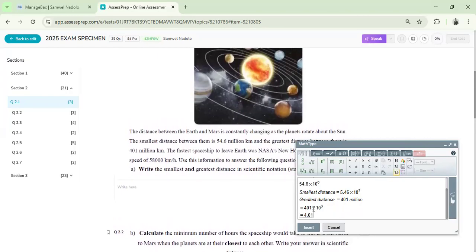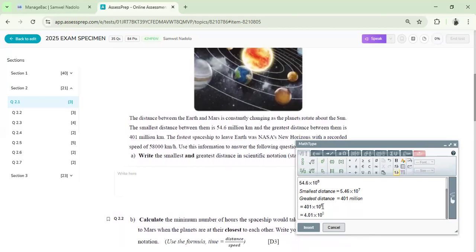So you move back 2 times, you make that a number between 1 and 10. So 4.01 is less than 10, times 10 raised to, now we had raised to 6, but we have moved back 2 times. So our power will change to 8.